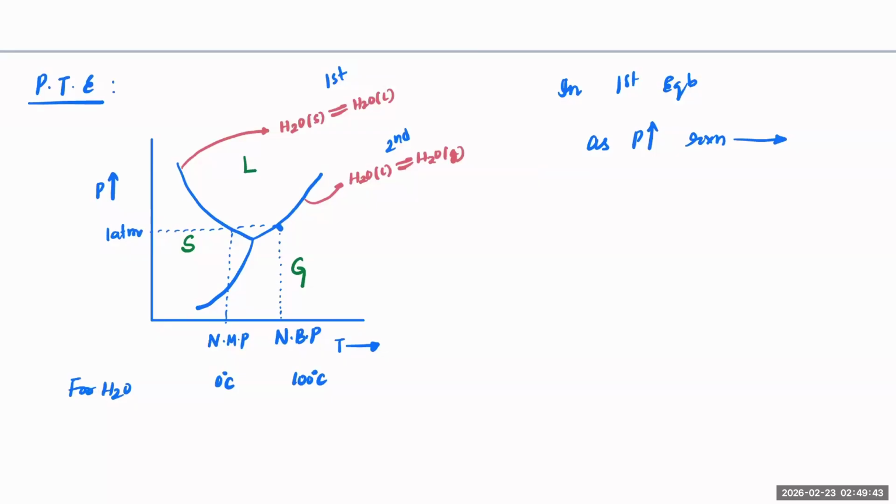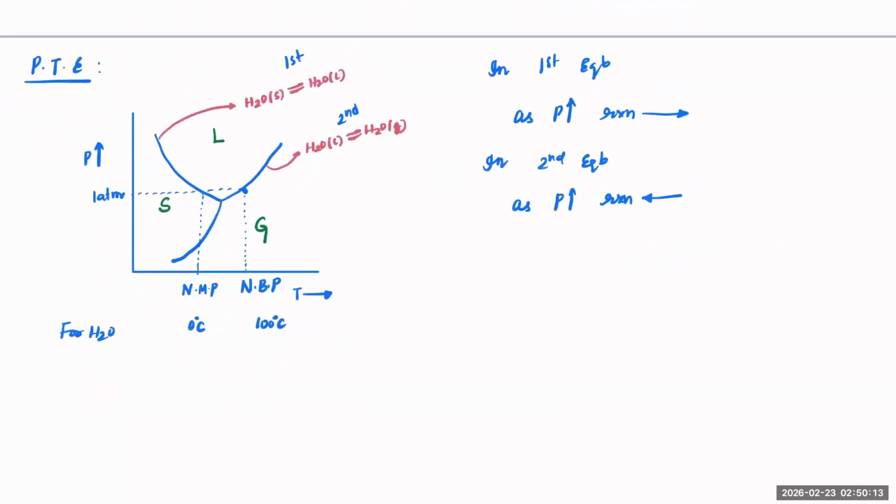So it will occupy relatively lesser volume. That's why it is moving in the forward direction. Same way, in the case of the second equilibrium, you will notice that as pressure increases, the reaction is going in the backward direction, because again here also as increased pressure is observed, the reaction is actually moving towards the liquid direction. Correct? This is the exclusivity which you will notice only for water.